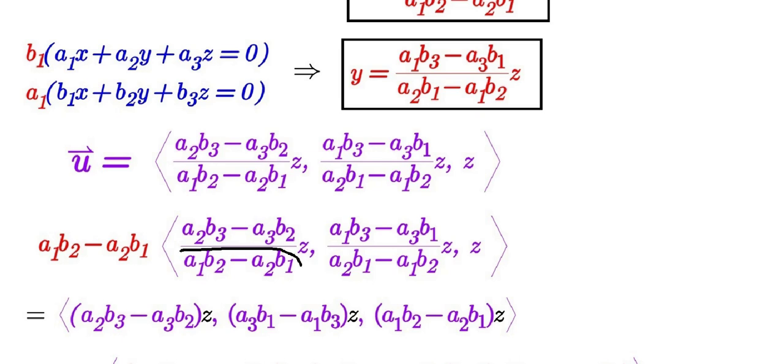So I'm going to take this denominator and multiply through the vector by this. So it will cancel with this and I just get this. And then this will cancel with this and I'll get this. But notice for this middle one, this is backwards to this. And so all I need to do to overcome that is just negatize it. I don't know if that's a word, but I like saying it.